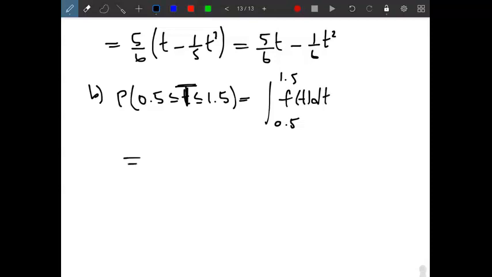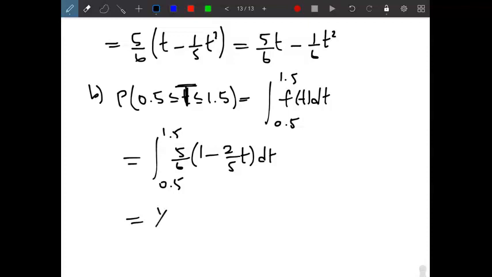So that's the integral from 0.5 to 1.5 of 5/6 times 1 minus 2/5 t dt. Again, this could be evaluated using your GDC, and your GDC gives you back a value of half for this integral.